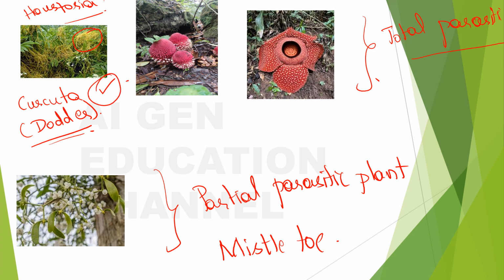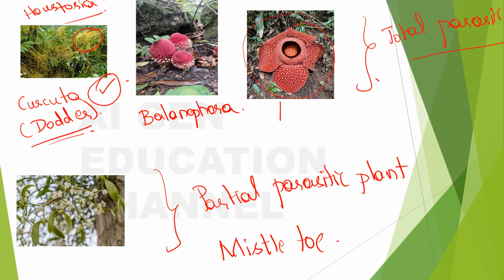In a similar manner, this is called balanophora, and it is also a type of total parasitic plant. And this one is like a flower, right, and such a huge flower.